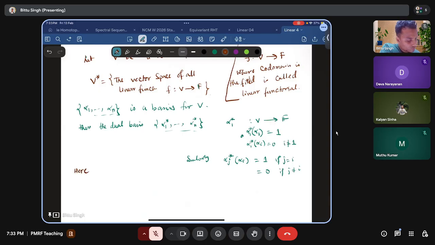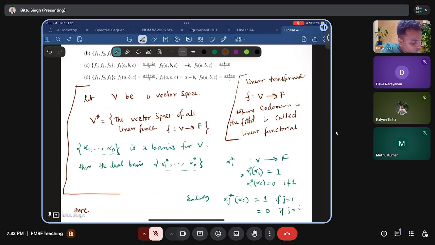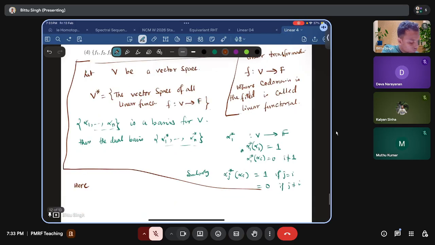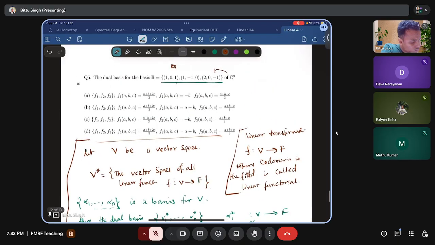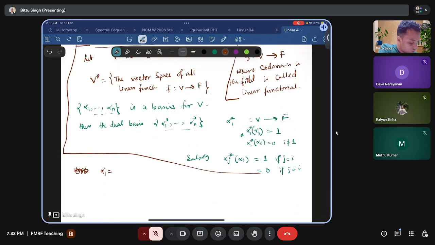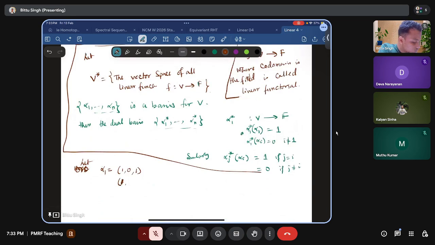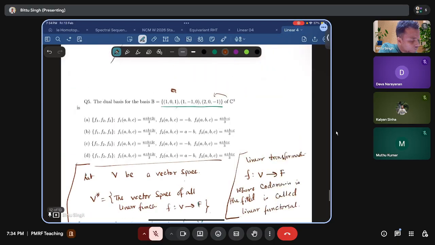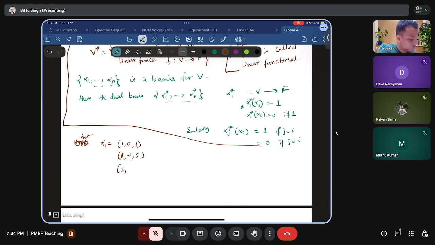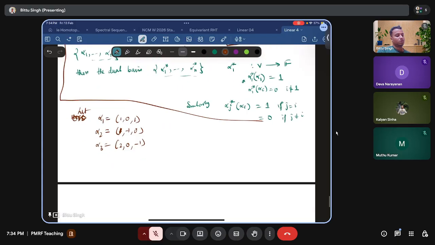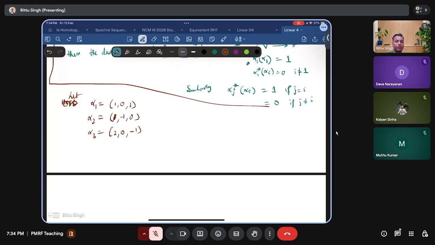In this question, let alpha 1 be (1, 0, 1), alpha 2 be (1, minus 1, 0), and alpha 3 be (2, 0, minus 1). So we need to find the functionals alpha I star.